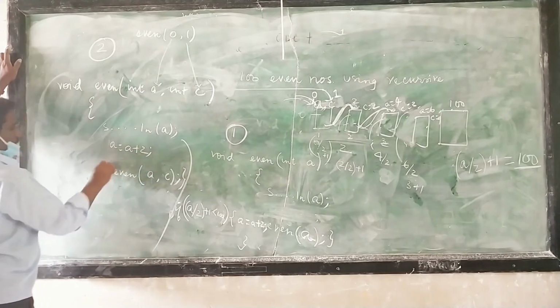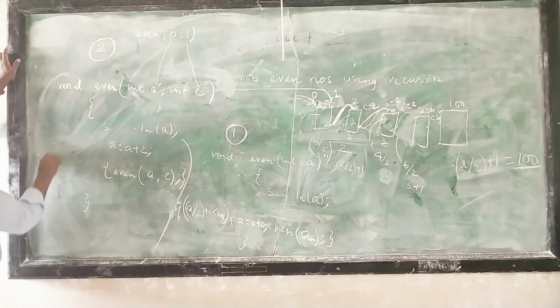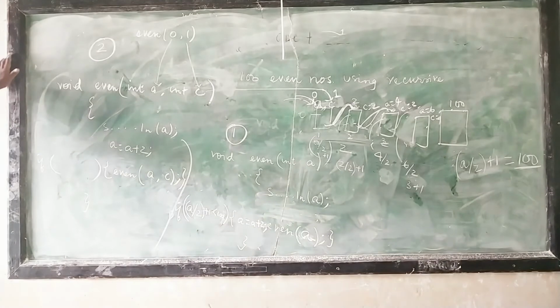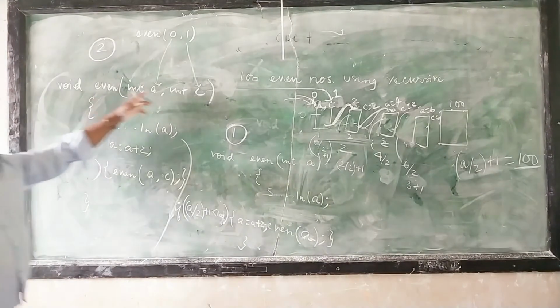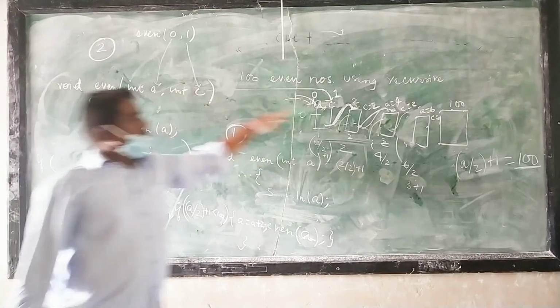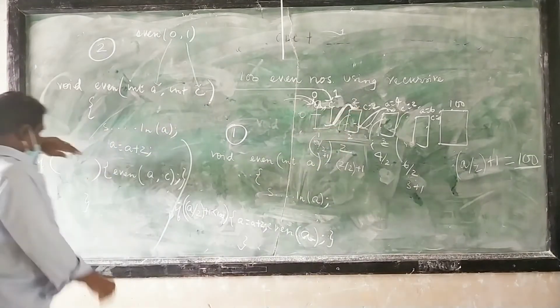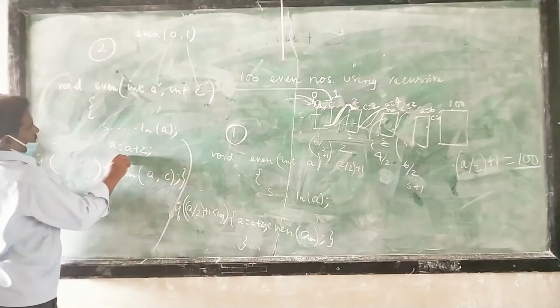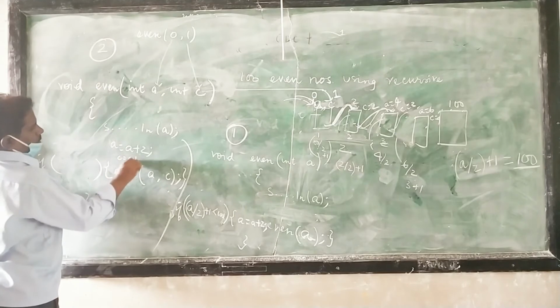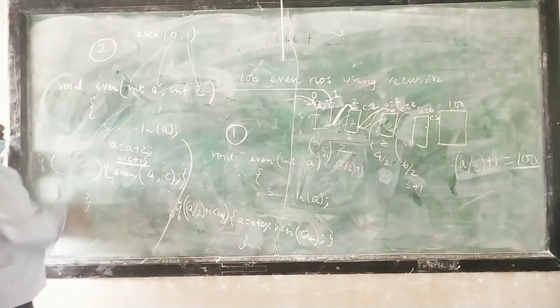Close brace, open brace, if condition. What is the condition? First time c is 1, second time c should be 2. The formula is c equal to c plus 1. That is the next formula.